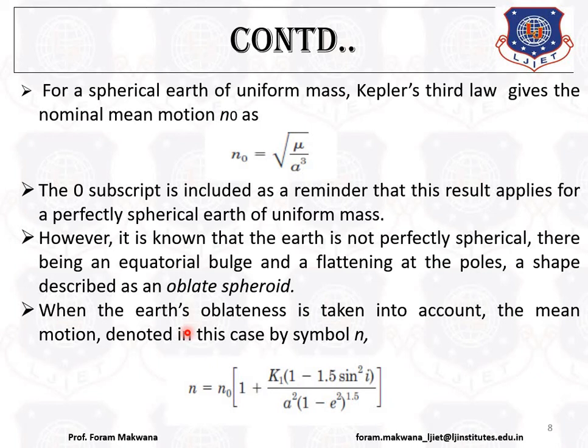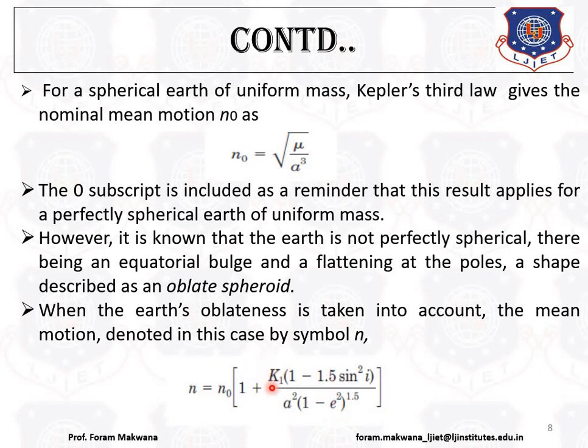When the earth's oblateness is taken into account, then the mean motion, which is denoted over here as n, is calculated as n0 into bracket 1 plus k1 into bracket 1 minus 1.5 sin square i, upon a square into bracket 1 minus e square raised to 1.5.